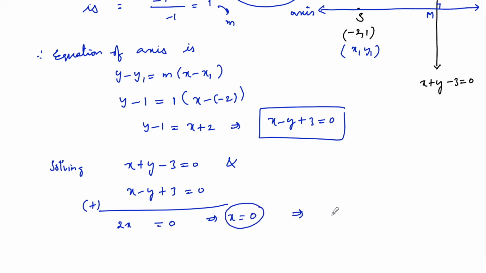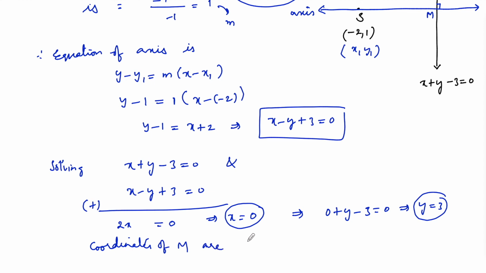By substituting x is equal to 0 in any one of the equations, we get 0 plus y minus 3 equals 0, which implies y is equal to 3. So x is equal to 0, y is equal to 3 is the coordinates of M. Coordinates of M are 0 comma 3.